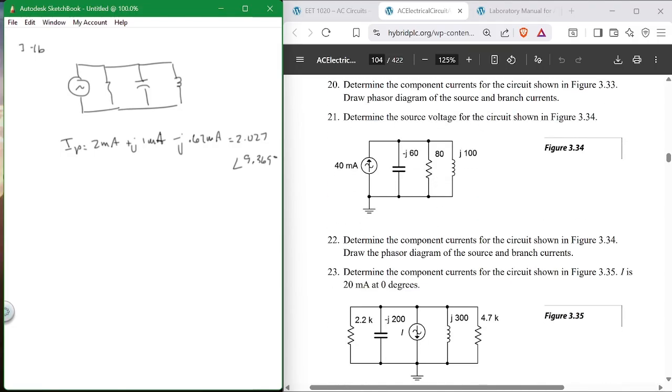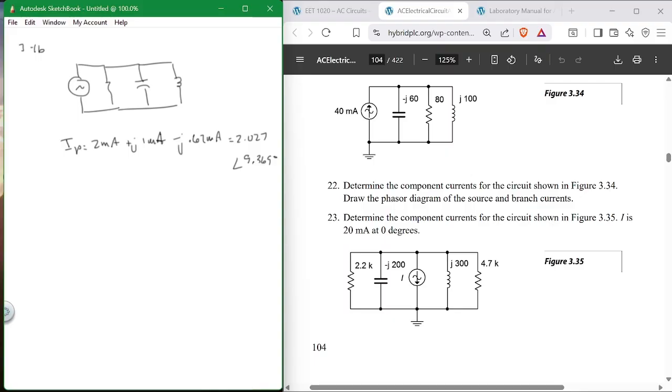Number 23. This is a what? What is this? Okay, so now we don't have the option of V over X or V over R. We have to now do what first? For this one, we have to do what first?